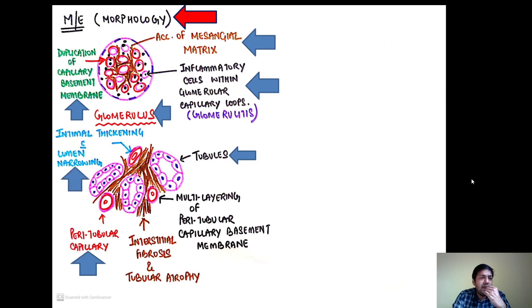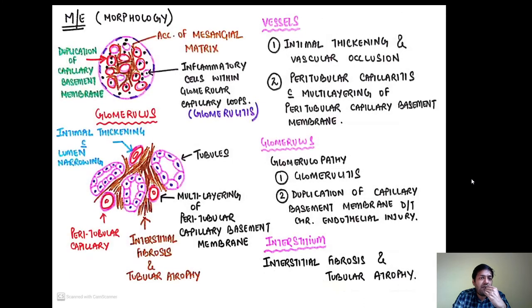There is intimal narrowing with lumen narrowing. The lumen of the peritubular capillaries becomes narrowed, leading to multi-layering of the peritubular capillary basement membrane, and because of the lumen narrowing, there is interstitial fibrosis and tubular atrophy because of prolonged ischemia. There is graft arteriosclerosis.